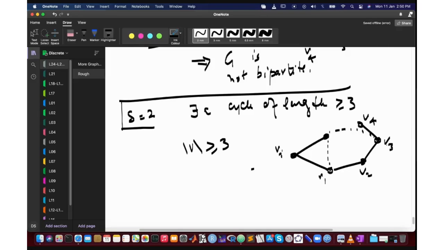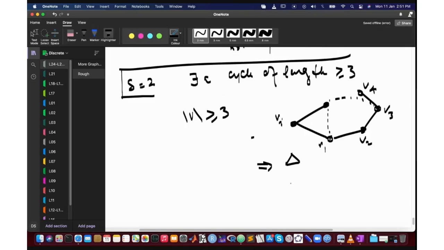But it must be different from v3, because v4 has 2 neighbors. One of them could be v3, but there must be a neighbor which is not v3. So this implies that we can find a triangle. This case is not that hard.